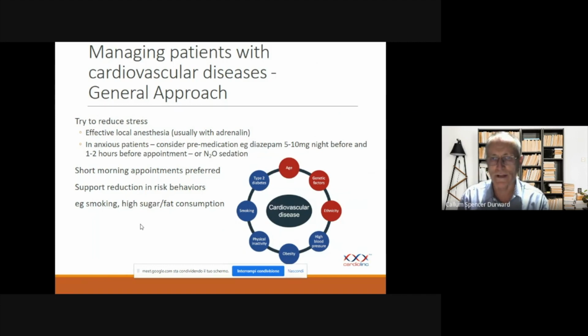In anxious patients, consider the use of a pre-medication, such as diazepam 5 to 10 milligrams the night before and 1 or 2 hours before the appointment, or nitrous oxide sedation. Short morning appointments are preferred, and we should support the reduction in any risk behaviors that they might have, such as smoking or a high sugar and fat diet.